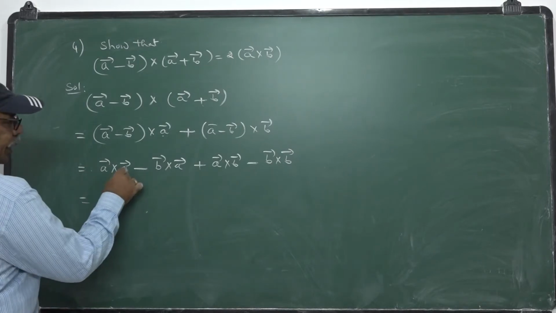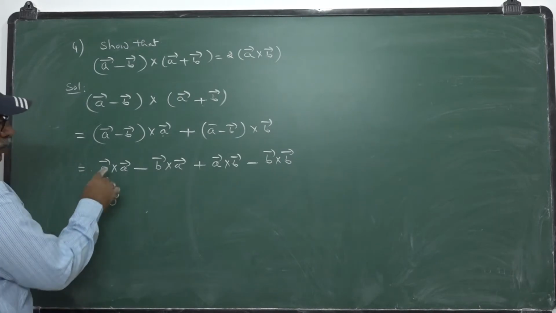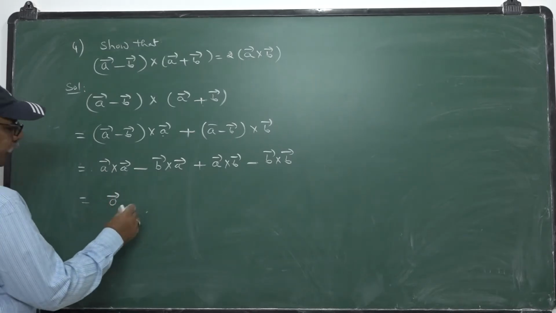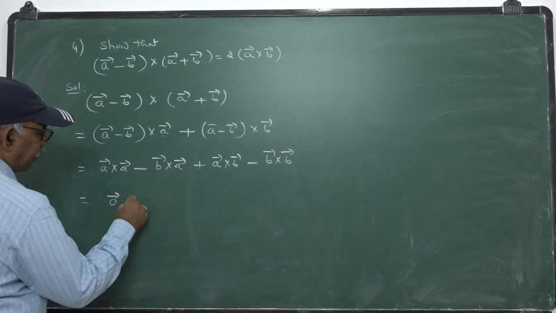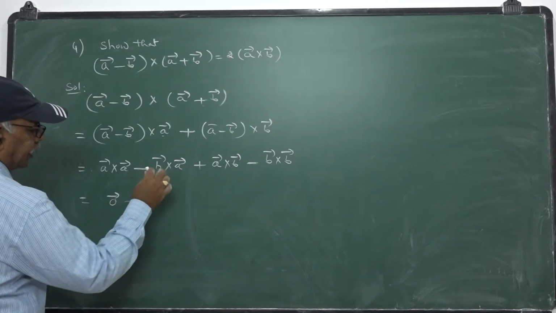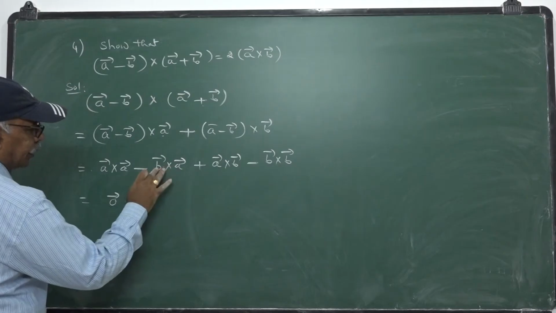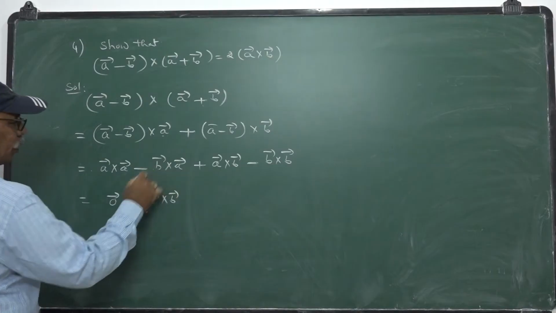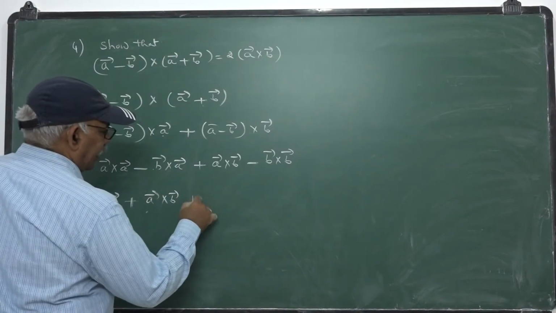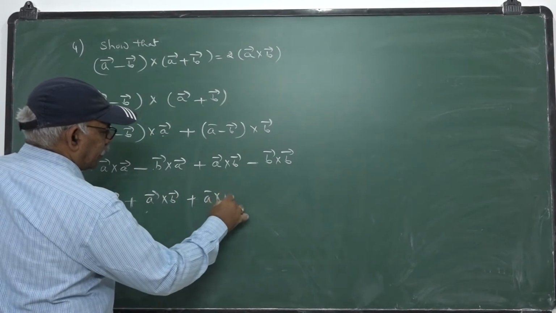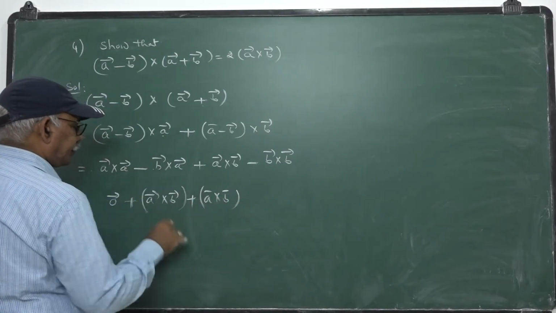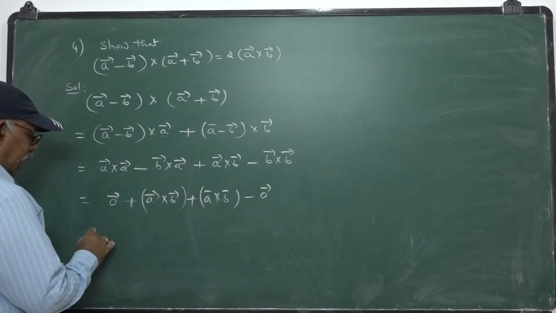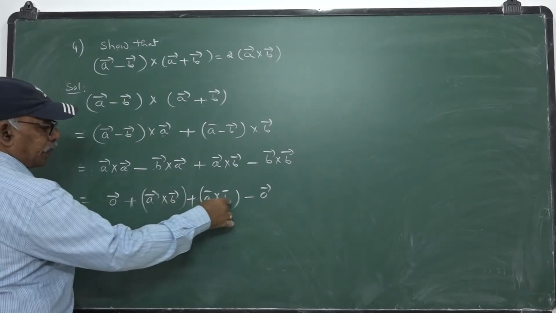A cross A is 0 bar, because cross product of the same vectors is 0 bar. This is plus, as I am interchanging these two. Once you interchange these two, this minus changes to plus. So A bar cross B bar. Again, B bar cross B bar is 0. Hence we get A bar cross B bar plus A bar cross B bar.